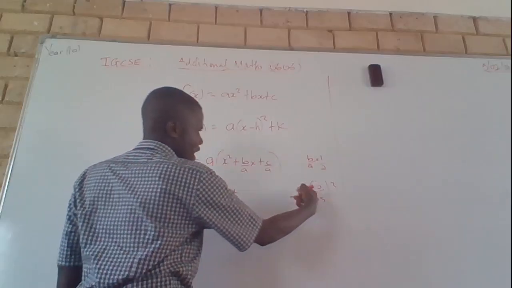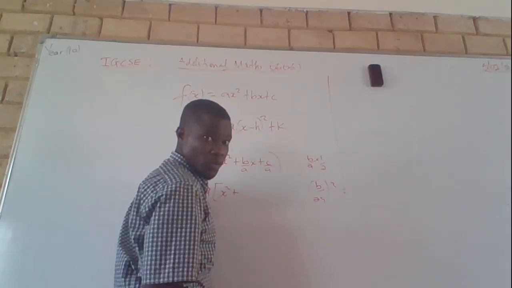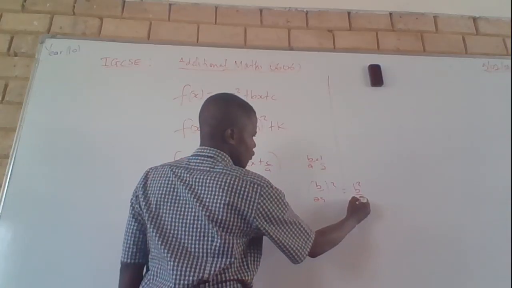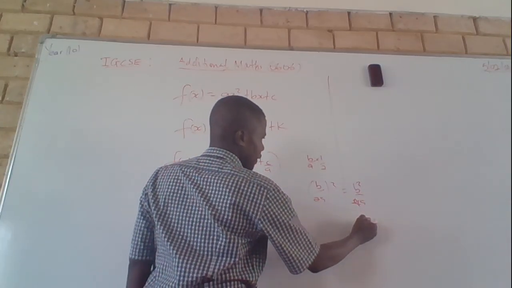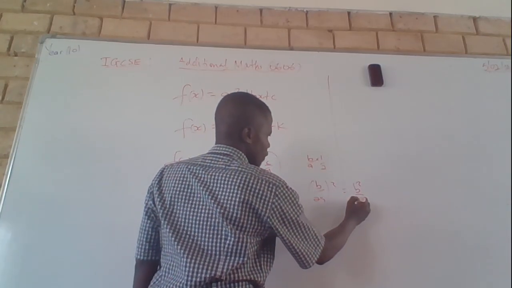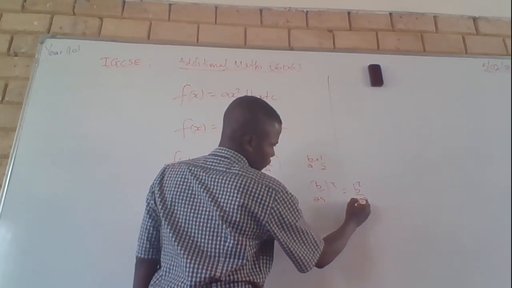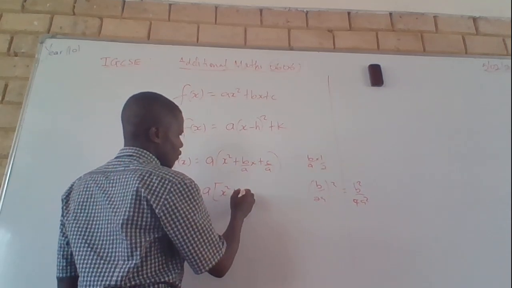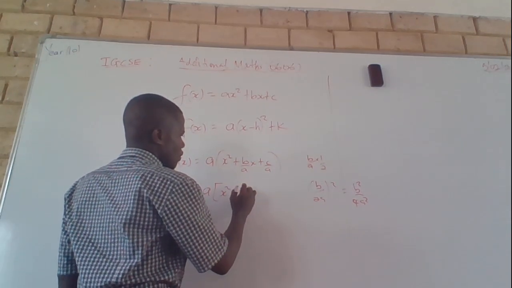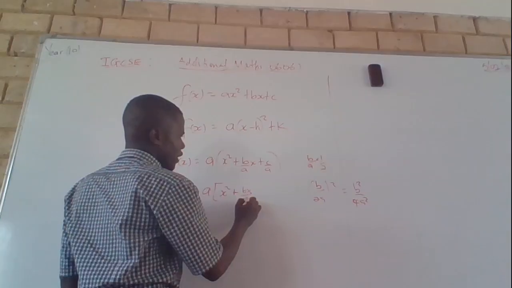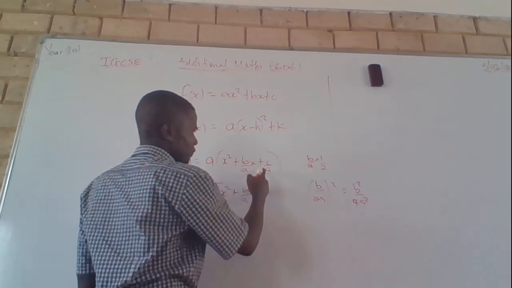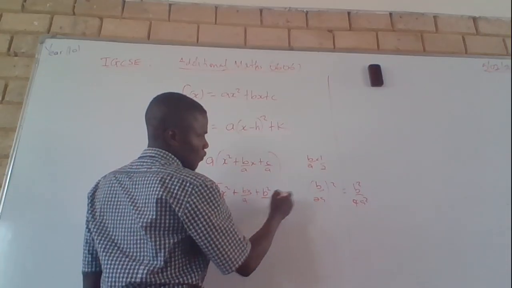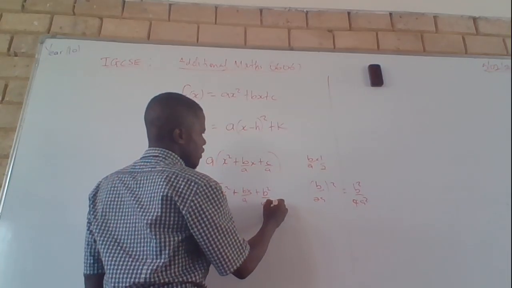So if you square this, you will get, can you see from here? Yes. So b squared over 4a squared, yeah? Now, we are going to add that one, okay? So plus bx over a plus, we add it, b squared over 4a squared.